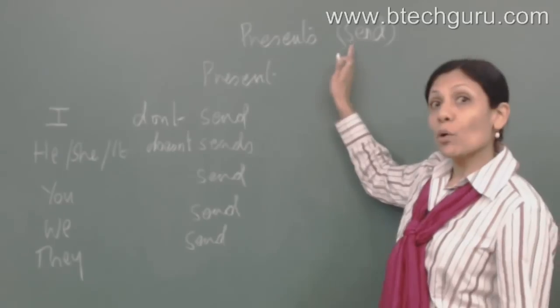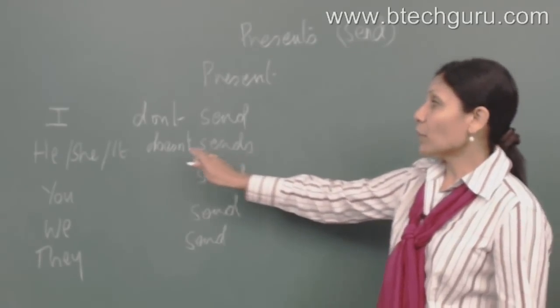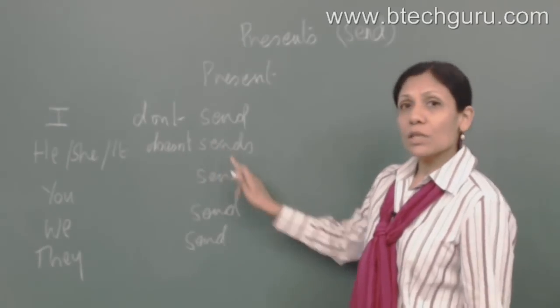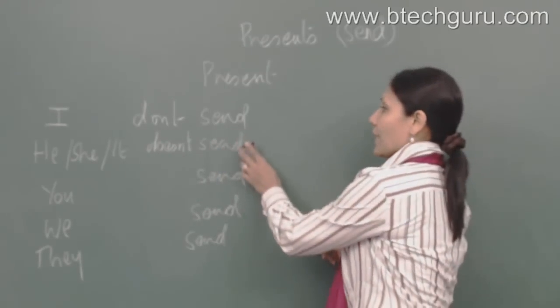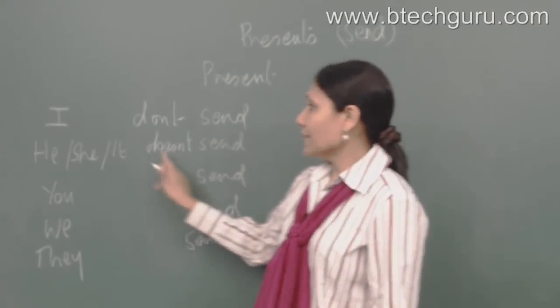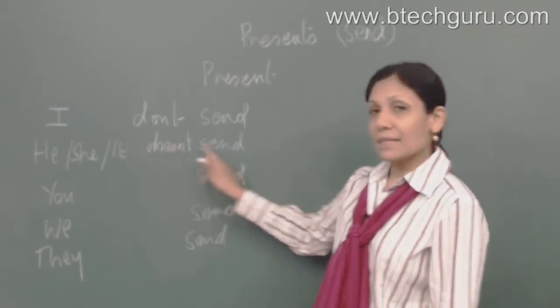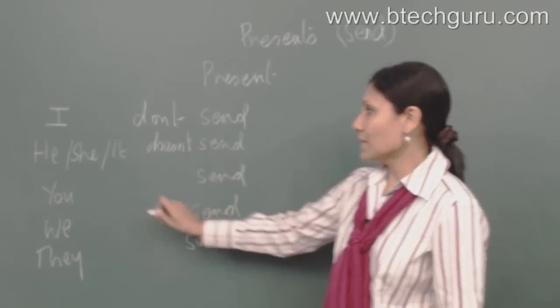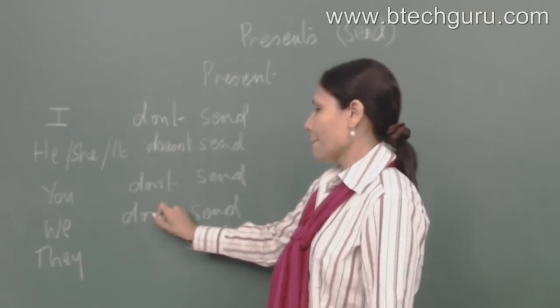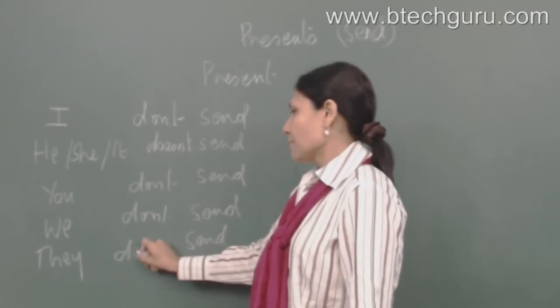That's why we said the pure verb is so important here, because doesn't has come to make it negative. This send will not have the S, and we will need to only make it with send. So he doesn't send, she doesn't send, it doesn't send, you don't send, we don't send, and they don't send.